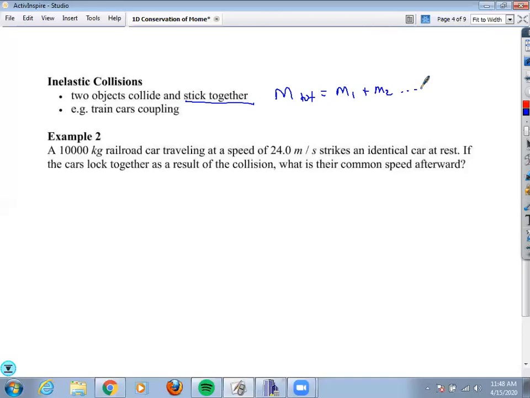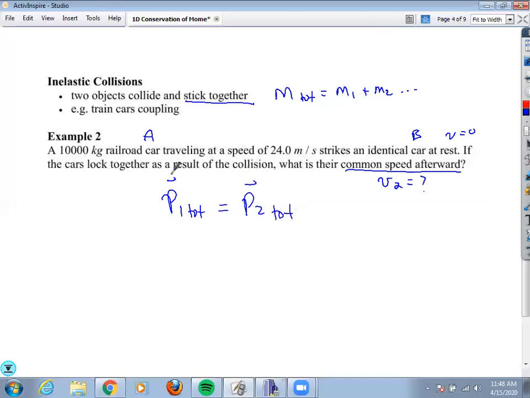So we have a railroad car traveling, it strikes an identical car. So we'll call the first car A and the second car B. It's at rest, so V equals 0. If the cars lock together, what's their common speed afterwards, which means V2. So again, we are going to have P1 total equals P2 total, conservation of momentum.